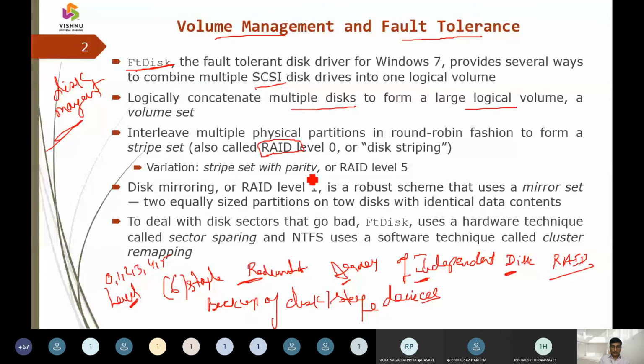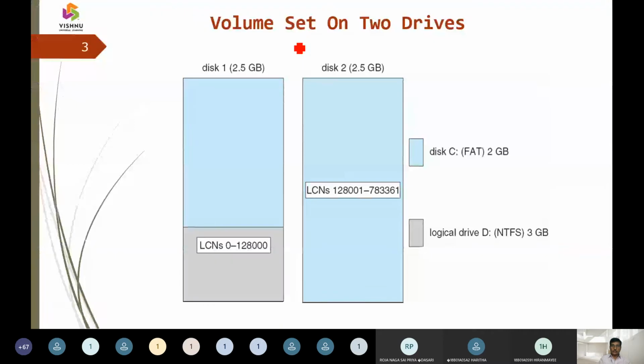The first technique we call disk striping at level 0, and the second one we call disk mirroring. What they do is protect the data, in the form of some cluster management, etc. Here we can see two sets of drives. One set of drives has a backup.